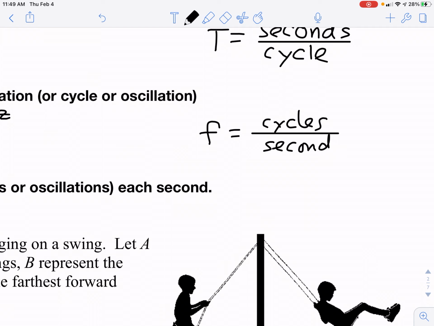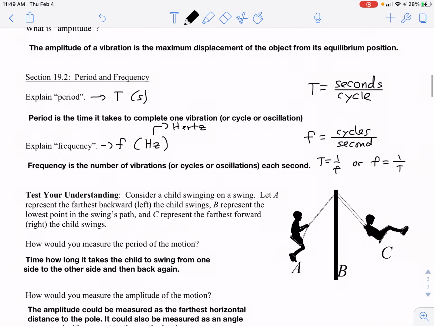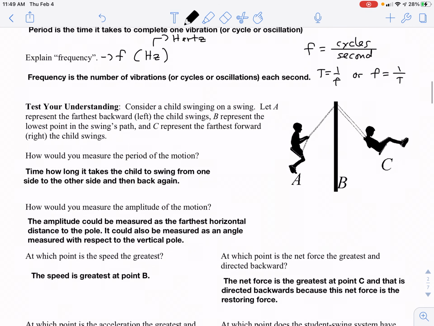Therefore, if we want to calculate the period given the frequency, we would simply take the inverse of the frequency to get the period. Or we could take the inverse of the period to get the frequency. We will review the test your understanding portion here in next week's class.